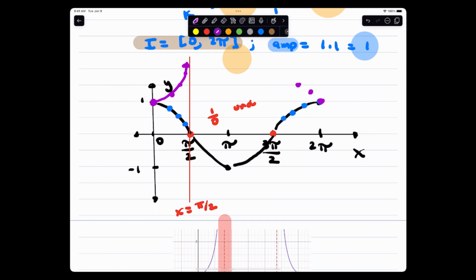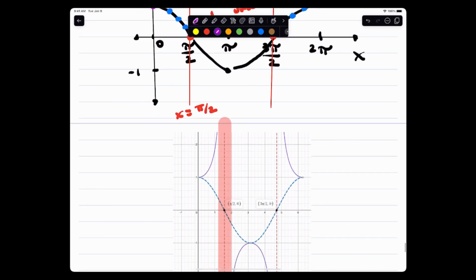And as you approach 3 pi over 2, the same thing is happening. So you get all of these points here. You get closer and closer to the x-axis, but you certainly never cross the x-axis. And that's why you see on the other side the same exact thing. There's a vertical asymptote there.